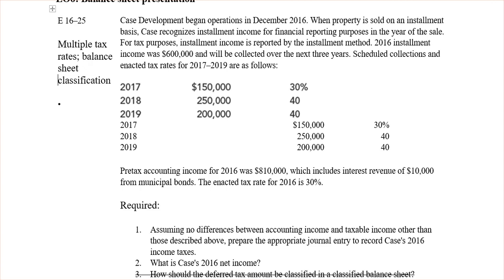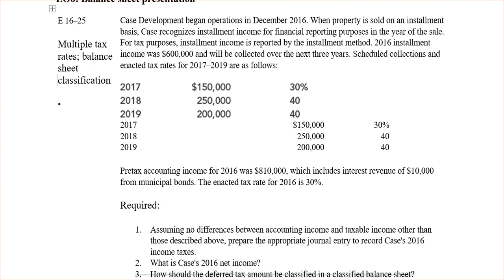And when you do your deferred tax liabilities, because you're subtracting there, you need to take 150 times 30%, I believe that's 45. You need to take 40% of 250, and I believe that's 100. And then you need to take 40% of 200, and that's 80.